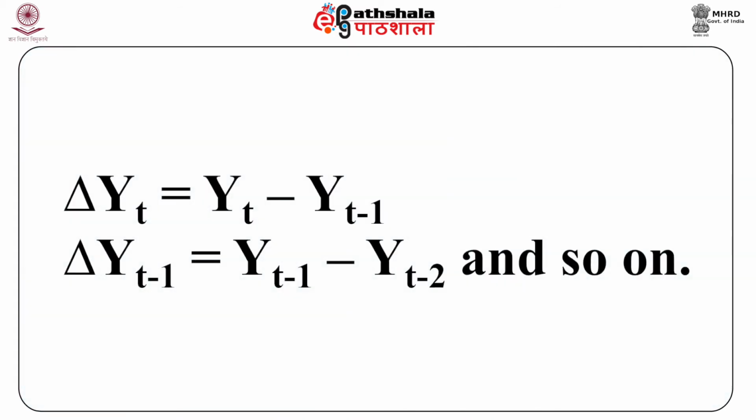So we have delta yt equal to yt minus 1, and delta yt minus 1 is equal to yt minus 1 minus yt minus 2, and so on. Now, a large number of lagged variables are included so that they are enough to make the error term serially uncorrelated.